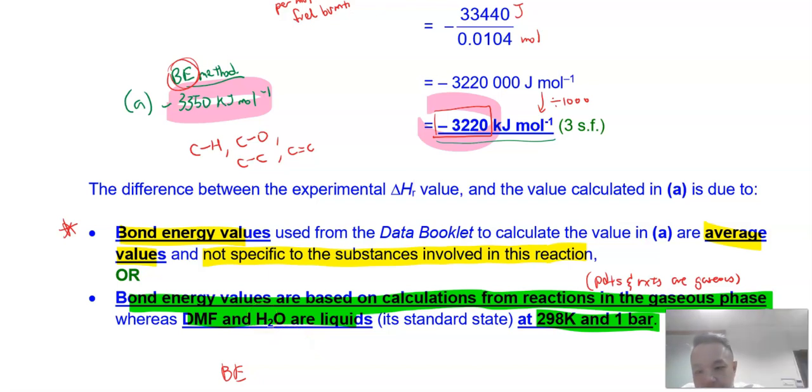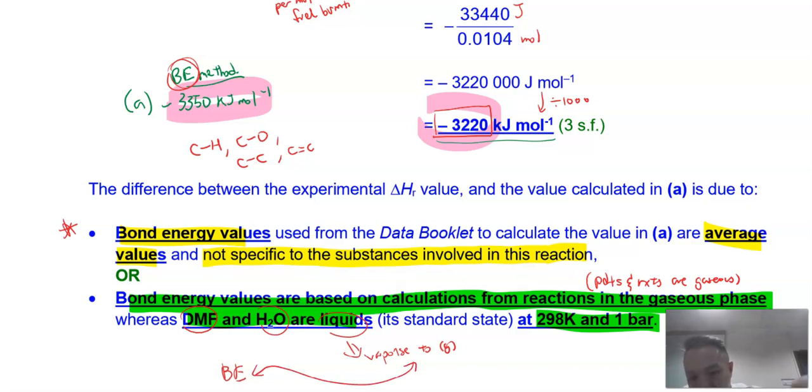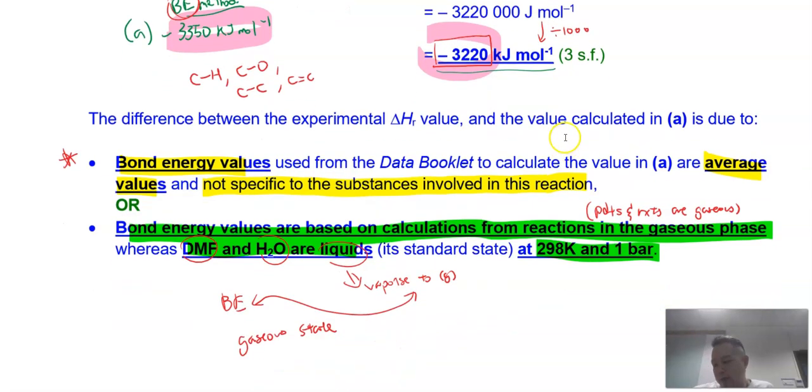Your DMF and water are liquid. They need to be vaporized to gas before we can use the bond energy method. So the enthalpy change of vaporization could be a reason to explain the discrepancy. Okay, with that, we are done with question 8.